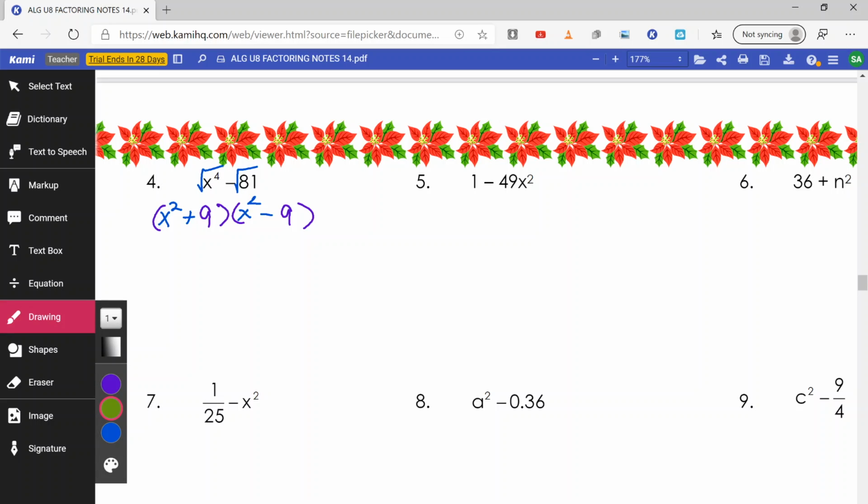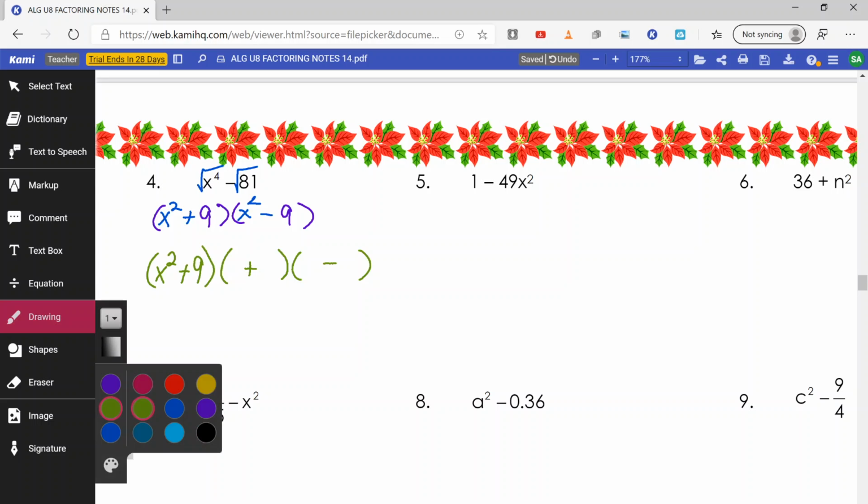Now, I'm not doing anything with this first parenthesis, so we keep x squared plus 9. Because this is our difference of perfect squares, we have to split it up into two new parentheses. One gets plus, the other gets minus, and we take the square root of x squared and 9.